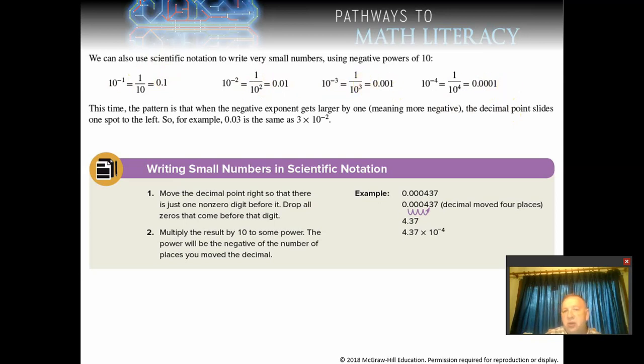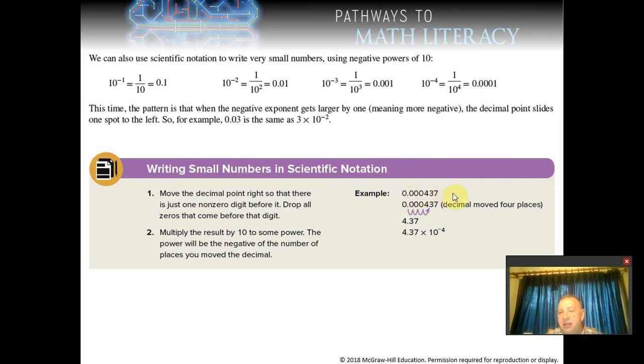So now what if we start with these decimals? I've got some small numbers, and I want to represent those small numbers in scientific notation. So here in this example, I've got 0.000437. Here's my decimal place, and every time I move it over to the right, I'm going to increase the power. So this is times 10 to the 0 by itself.